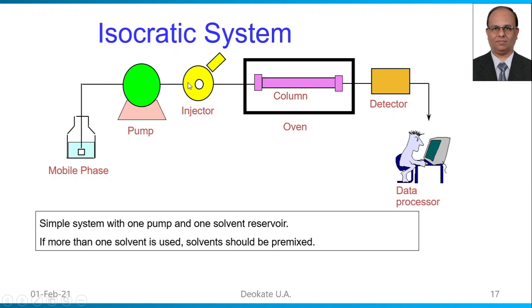Then through this injector, which is a Rheodyne injector, the samples are introduced. The samples then go to the column, which can be kept in the oven or operated at ambient temperature. Then the separated components go to the detector and to the readout system. If more than one solvent is used, the solvents should be premixed in the isocratic system.